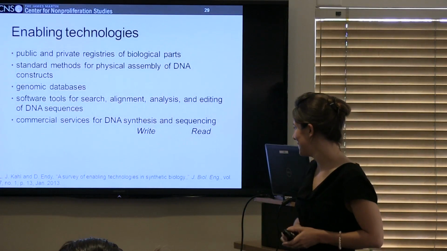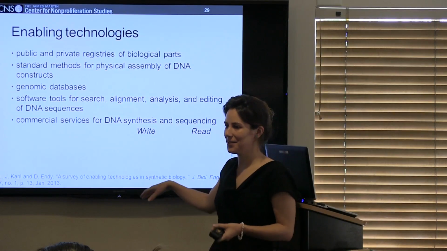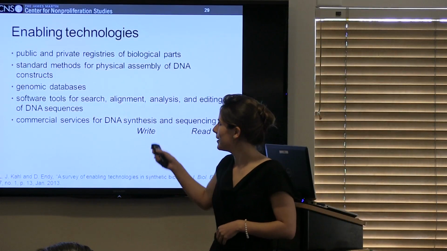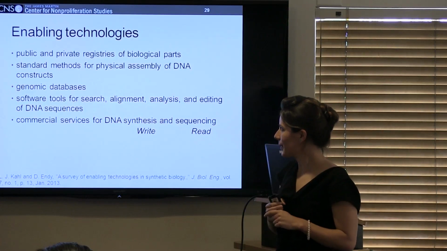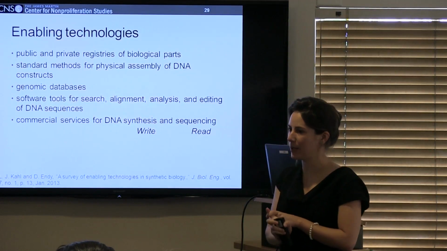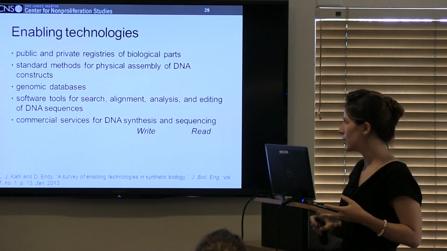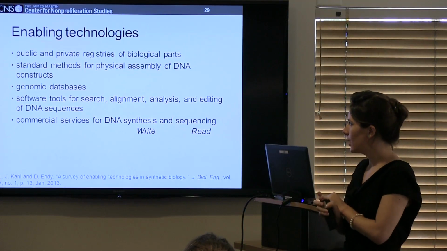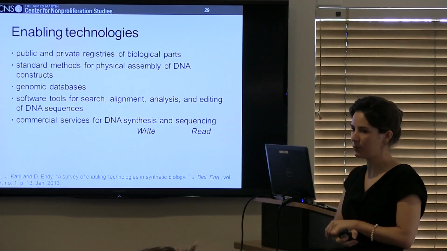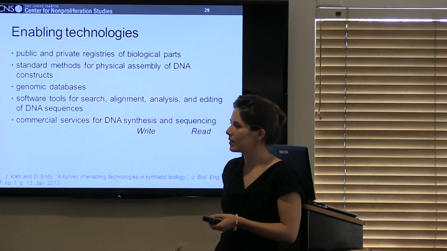I'm really happy that people have been surveying synthetic biology scientists and asking them which technologies they were using and depending on. Here we can see that the ones that were crucial were the public and private registries of biological parts, the standard methods for assembling physical DNA constructs, all the genomic databases, all the software tools for search, alignment, analysis, and editing of DNA sequences, as well as the commercial services for DNA synthesis and sequencing.